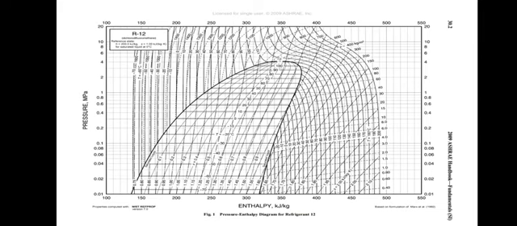Similar charts are available for the remaining refrigerants, like R11, R22, R134a, R717, etc. By using these points, we can directly find the enthalpy, and we will calculate the corresponding COP, the heat absorbed in the refrigeration process, the heat rejected in the condensation process, and the work done in the compressor.